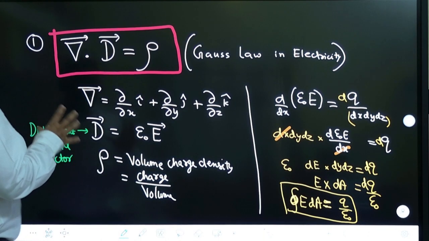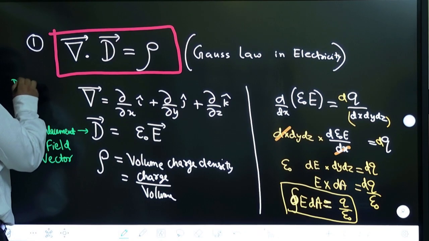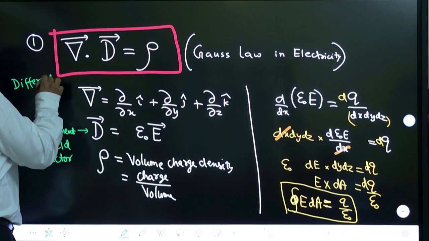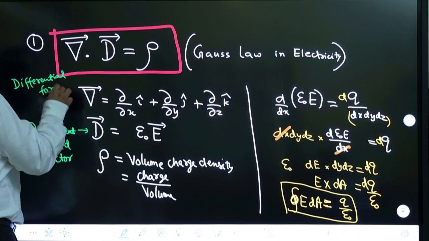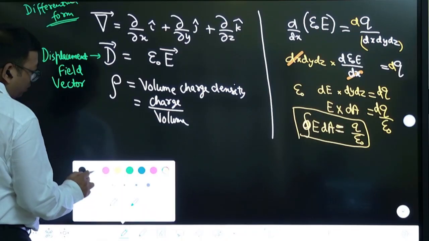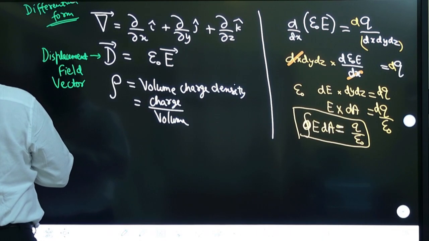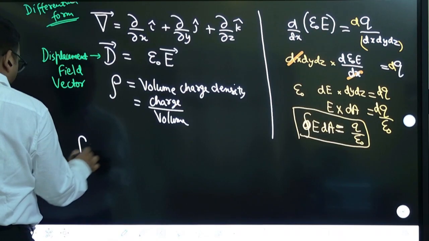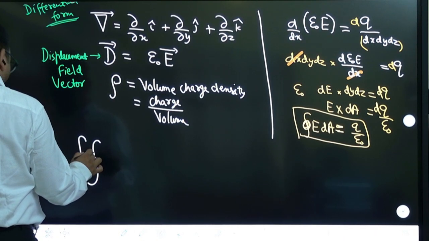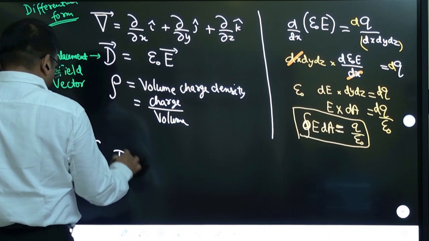Now also note that this form that we are writing is called differential form. I will write each equation in different forms. One is called differential form. Now let us write the same equation in integral form. Integral form is like that, integration. But this time when writing integral form, we will write two integrals and put one big circle. This symbol you might not have seen.